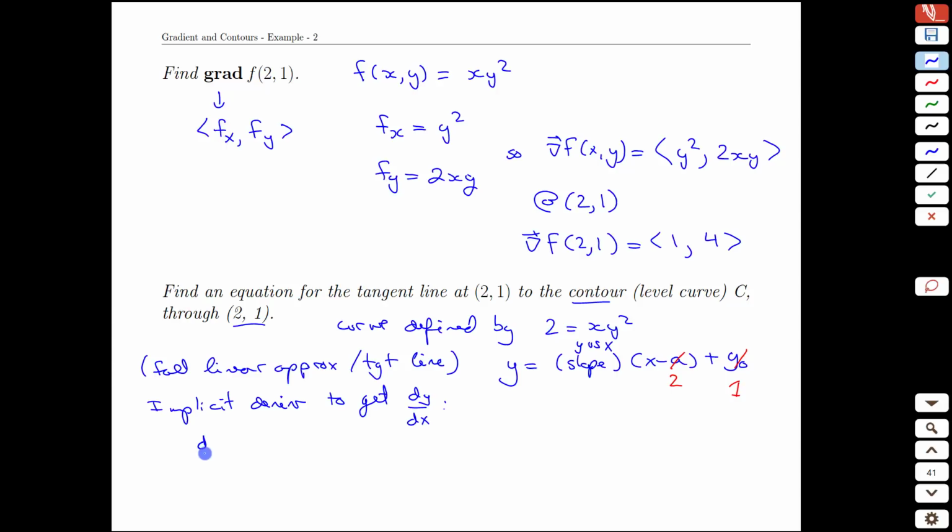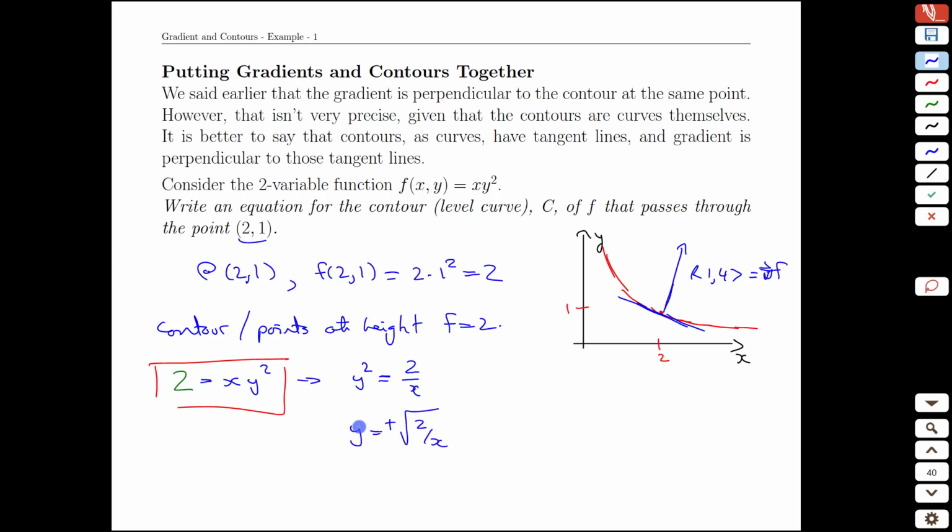We take the derivative of both sides with respect to x, x y squared, now treating y as a function of x, so it's a very different field than this because we're approaching the calculation in a different way. We're imagining we've got a red line as our curve, and we're trying to find the relationship between x and y.